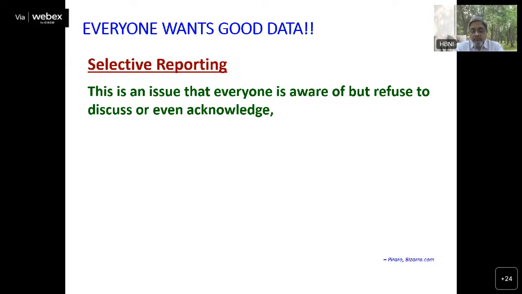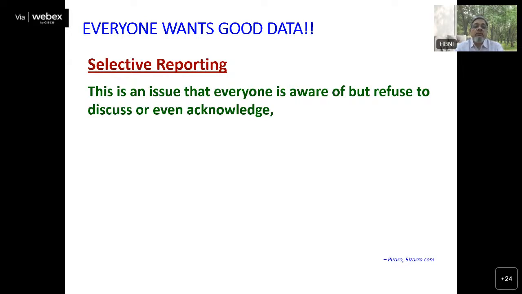There's one problem with the scientific community: whenever you conduct a scientific research, an experiment or whatever, you would like to get something good out of your research all the time. When I say good, basically what I mean is that you would like to see positive things coming out from your result.